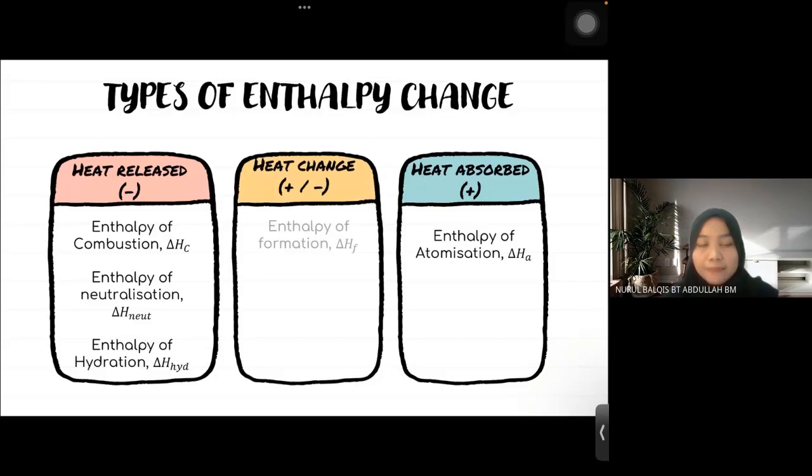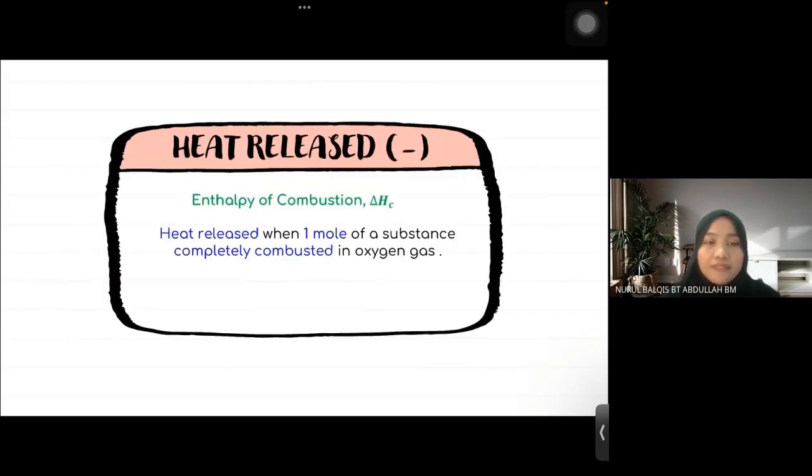So heat change is not fixed to only negative or only positive. Sometimes it can be positive, sometimes negative. Enthalpy of formations, standard enthalpy of formations, and also enthalpy of solution. Okay?